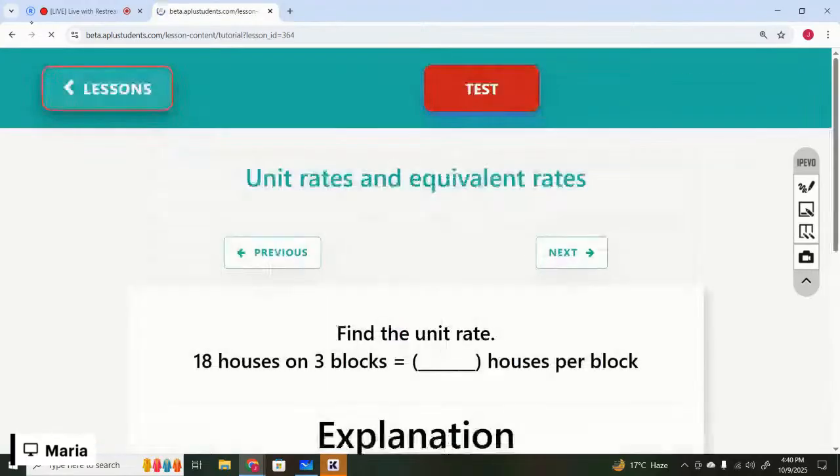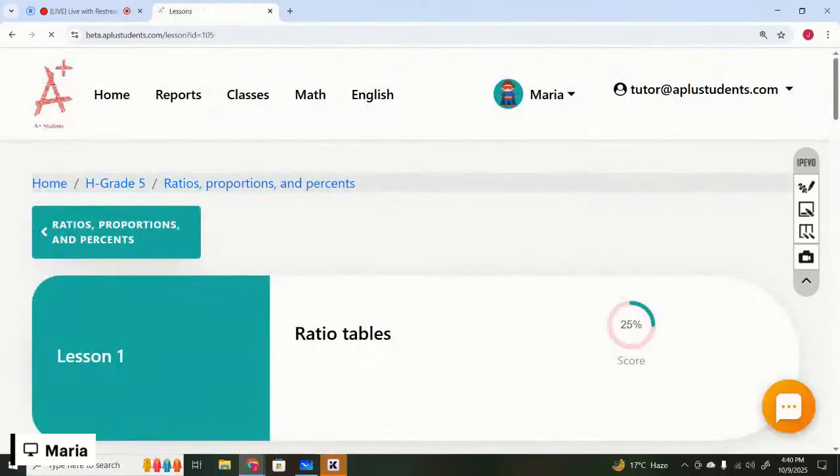So we will wrap up math. The chapter we were working on is ratios, proportions and percents.